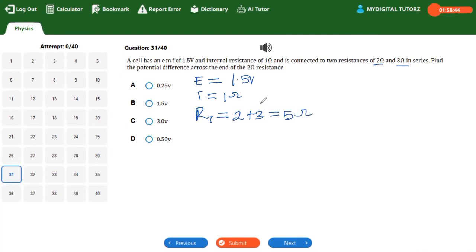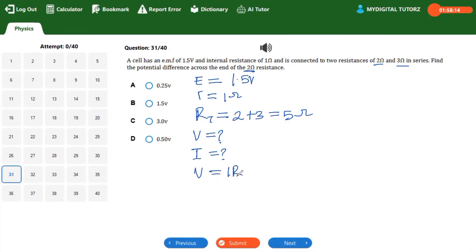Is that correct? So now we have to find the potential difference. We're looking for V across the 2 ohms. The moment you see internal resistance, EMF, and external resistance, all you need to remember is that you need I. For you to get the voltage V, you're going to use Ohm's law, that is V is equal to IR.